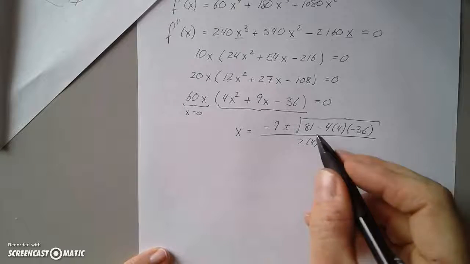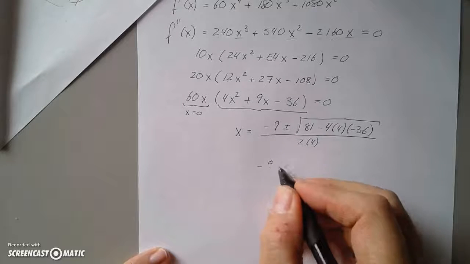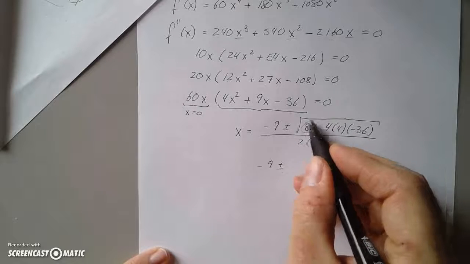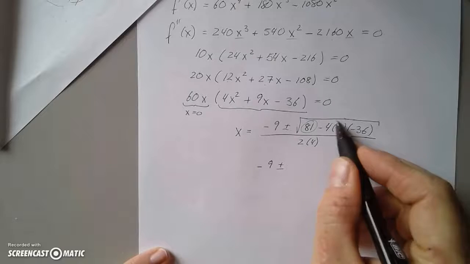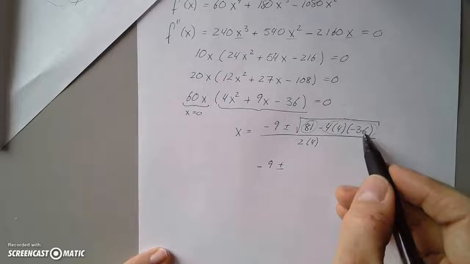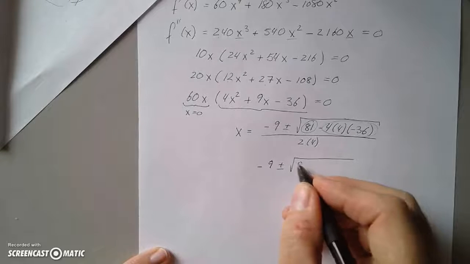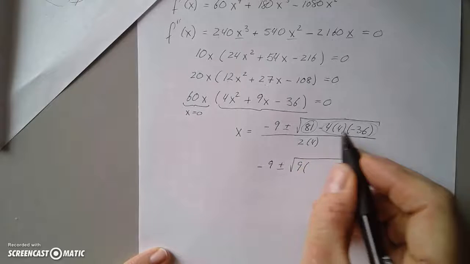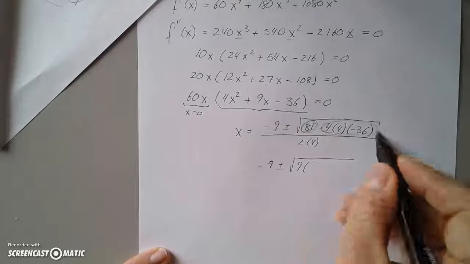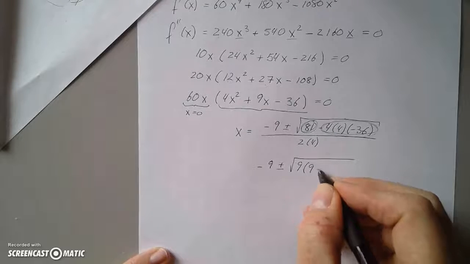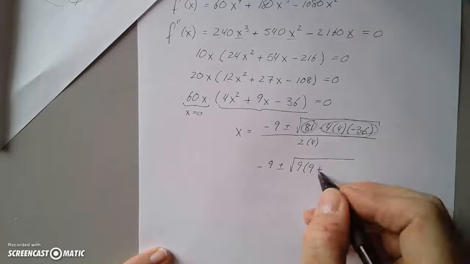It would be helpful to simplify this as well, because it's not going to simplify down to an integer. 9 goes into 81, and 9 will go into this number, because 9 goes into 36. So what I'm saying is, I can factor a 9 out of these two numbers. Ultimately, there's going to be two numbers here, and I don't want to actually work this out. So this is 9 minus, actually it's plus.